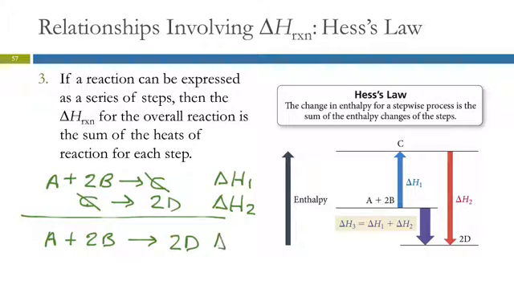So this one, delta H3 equals delta H1 plus delta H2. Any questions? It's going to get much messier. So Hess's law says the change in enthalpy for a stepwise process is the sum of the enthalpy changes of the steps.